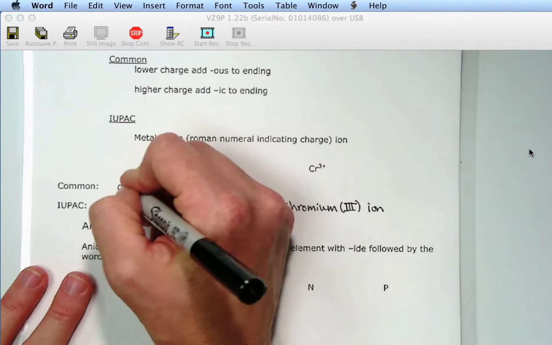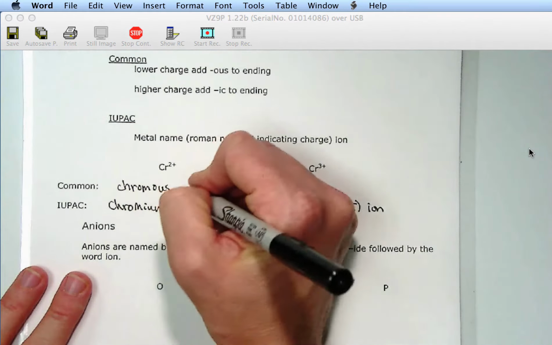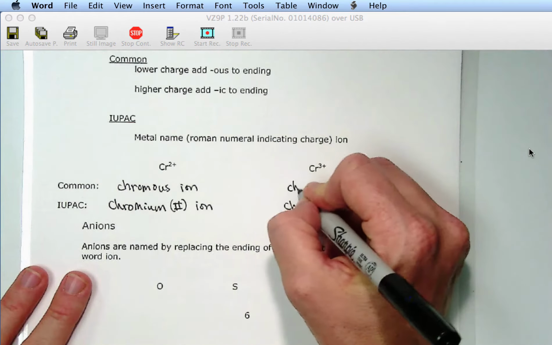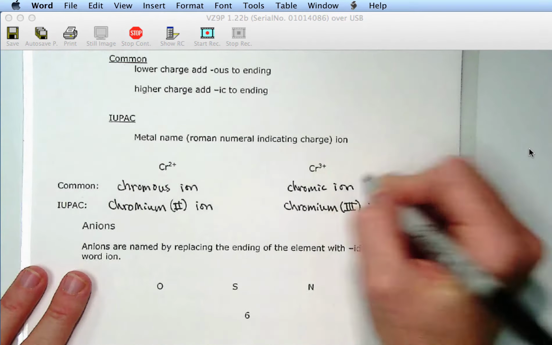So the common name would be chromous ion. And this one would be chromic ion.